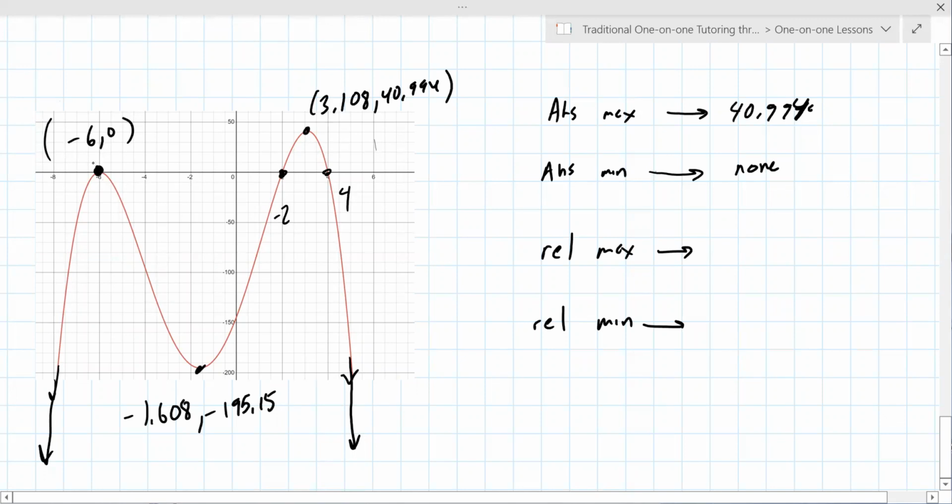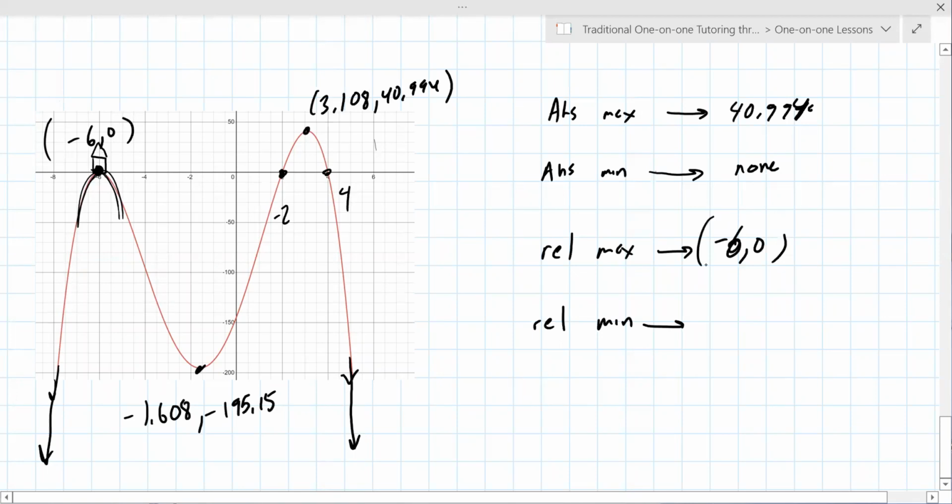Like if you look out your front house, you would see there's a house that's even higher on the hill. But relative to its nearby neighbors, it's bigger. So we know that at -6, 0, and I don't know what your instructor wants, I guess they want the ordered pair, -6, 0 is a relative max.